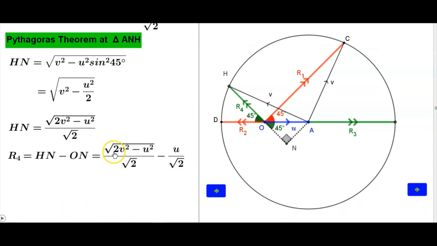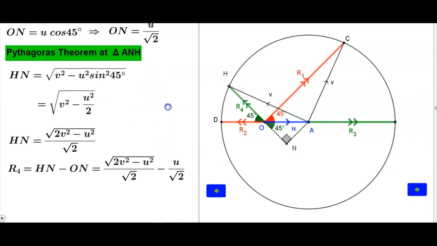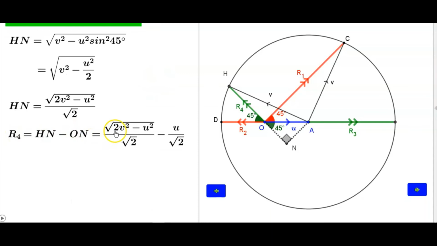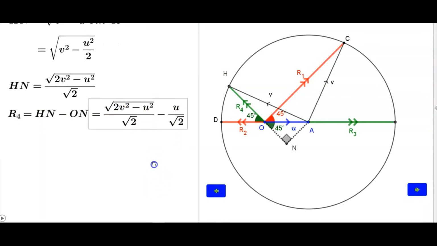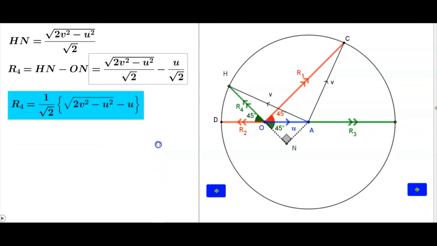HN we already found: square root of 2V squared minus U squared over root 2, minus ON, which we already calculated as U over root 2. When we simplify further, R4 is equal to 1 over root 2 out of the bracket. Therefore, within the bracket: square root of 2V squared minus U squared, minus U. This is the R4.